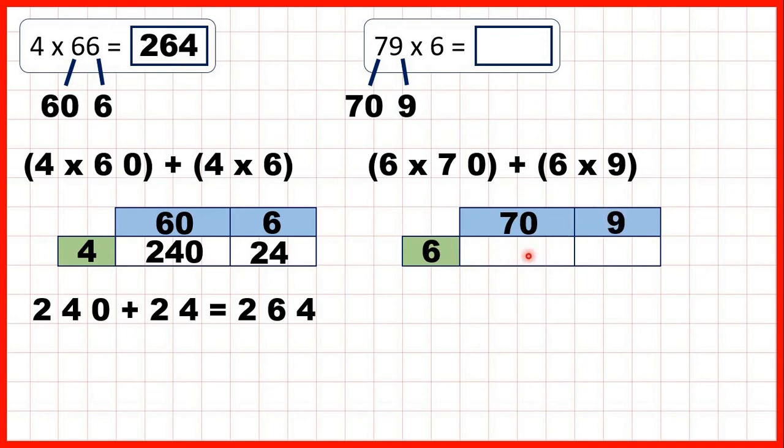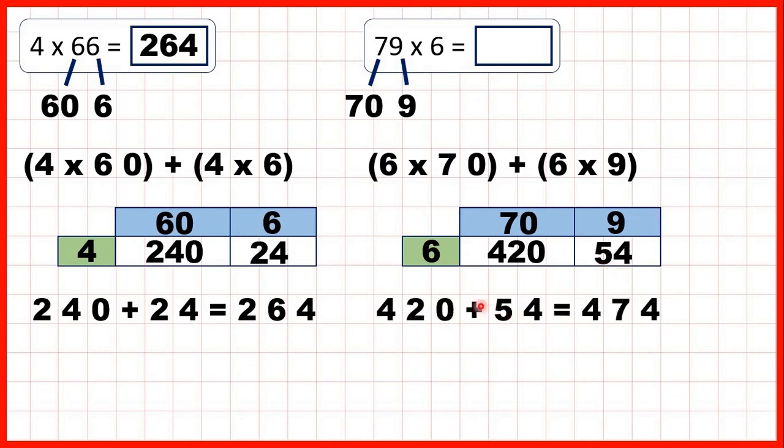Now 6 times 70 is 420, because 6 times 7 is 42, and then we need our end 0. And here we need 6 times 9, which is 54. So now we add our answers, and 420 plus 54 is 474, so that's our answer.